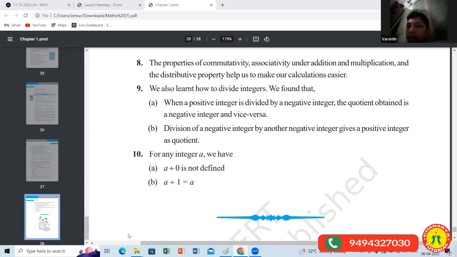What is this, ma'am? Vice versa. Yes. For any integer a, a divided by 0 is not defined, a divided by 1 is a.